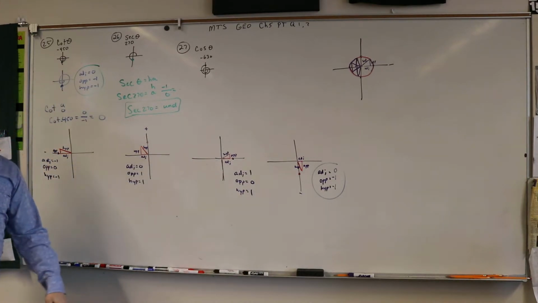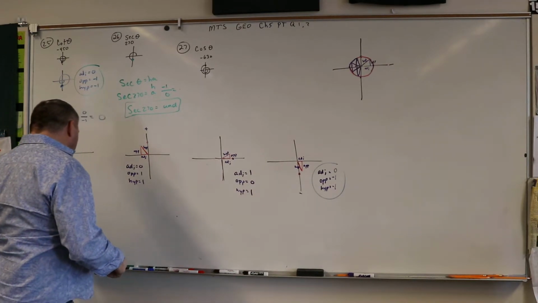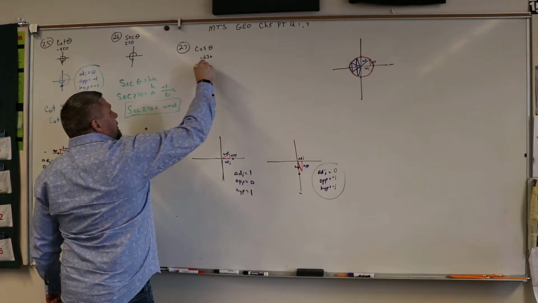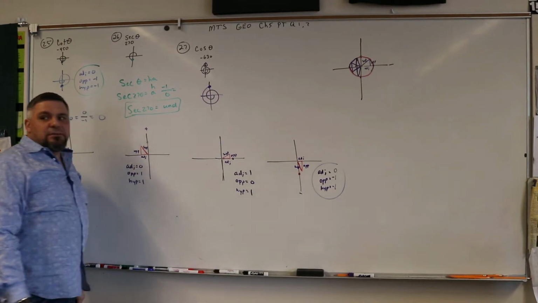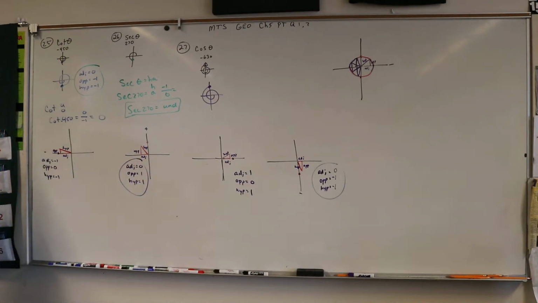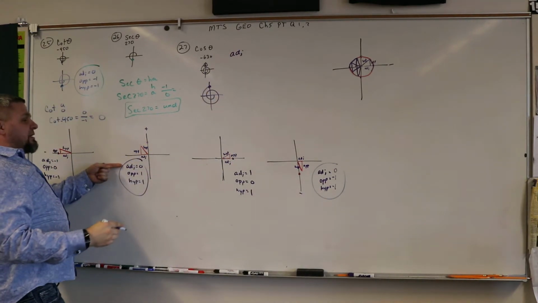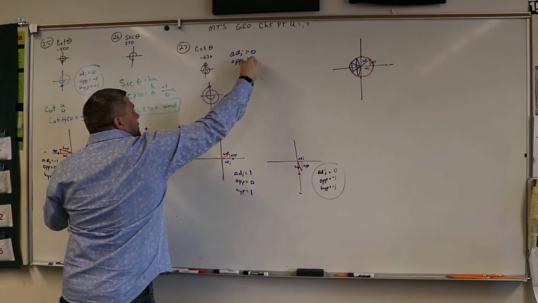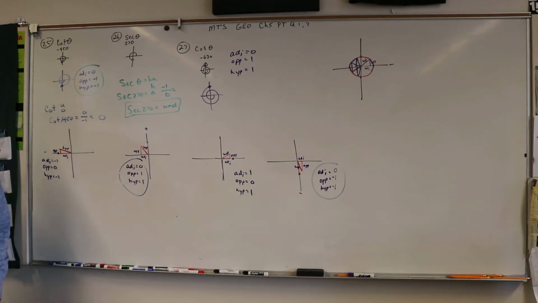Now we look at cosine. This one's a little different. You'll notice that we're talking about going around and ending up here. So now we're talking about this one. With this guy, the adjacent is 0, the opposite is 1, and the hypotenuse is 1.